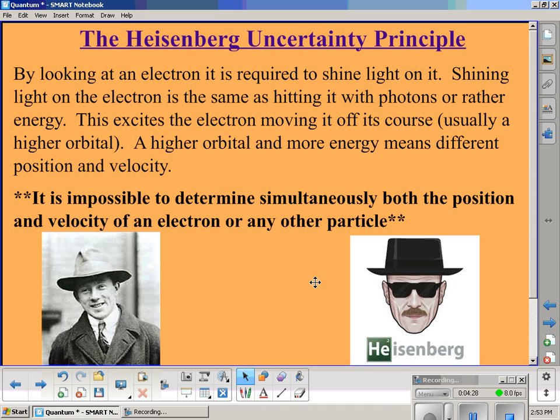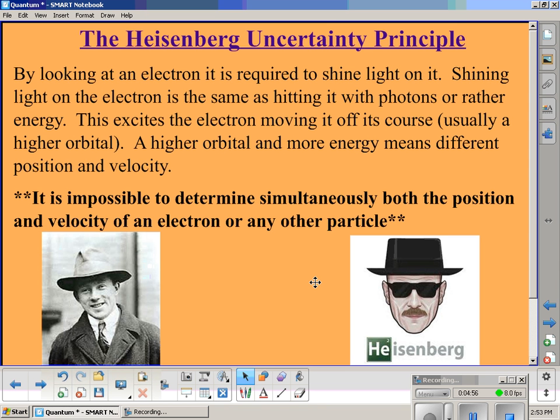It will jump to a higher energy level. So Heisenberg realized that the very act of looking at an electron requires us to shine some light on it. In other words, it's struck with photons, which is the same as hitting it with some energy. This excites the electron and makes it move off course, usually to a higher orbital.